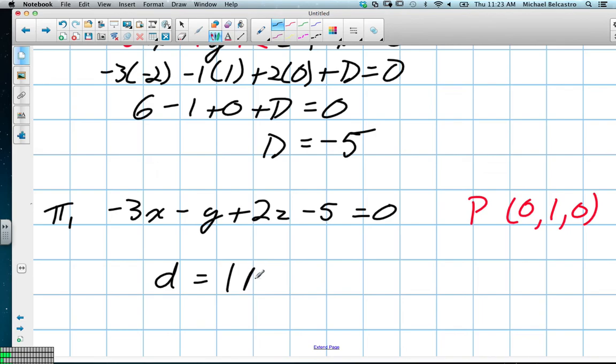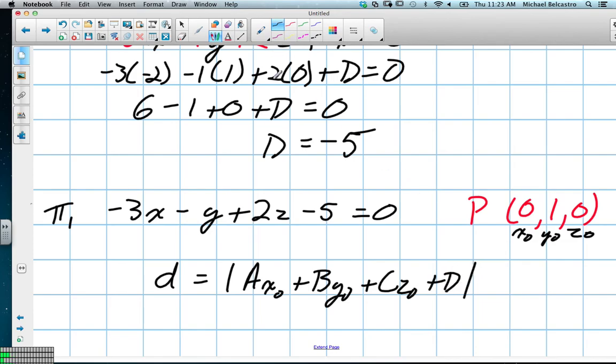That is the magnitude of a x naught plus b y naught, c z naught, plus d. The magnitude of all of this over the root of a squared plus b squared plus c squared.